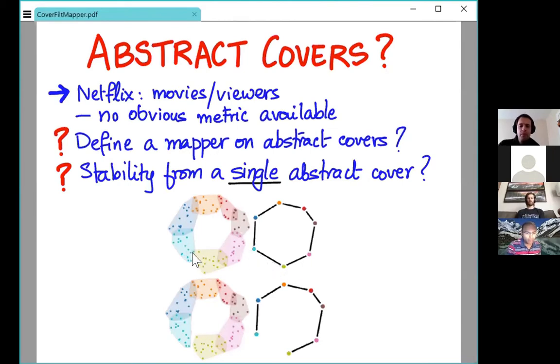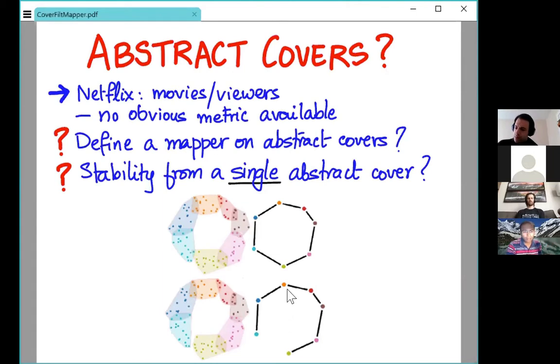They have an overlap of just a single point. So I do have an edge. Whenever two abstract cover elements have overlap, it generates an edge in the nerve or in the mapper. So I do have an edge here, but if I remove that single point, now suddenly the nerve goes from a loop to just a path.